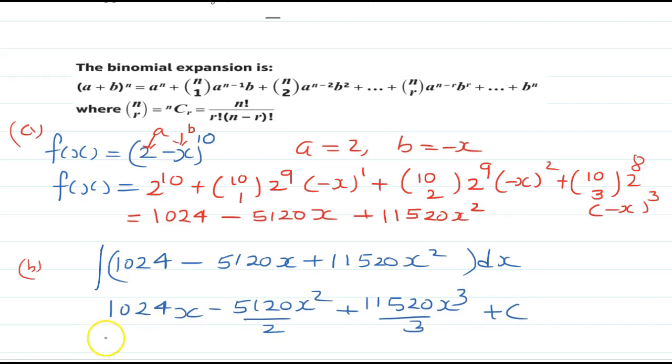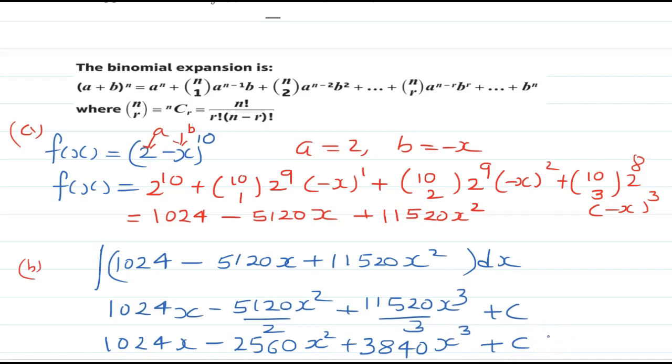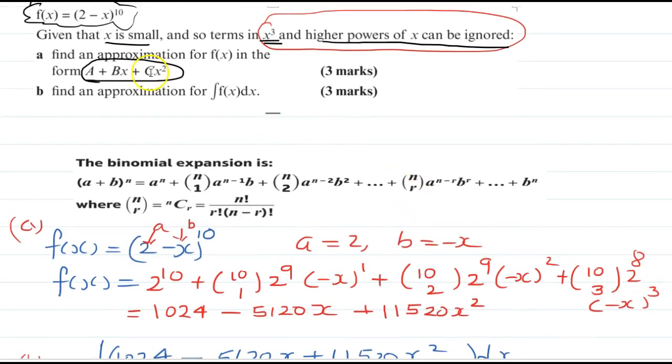So if we solve this further, 1024x, 5120 divided by 2 is 2560x squared, and if you divide 11520 by 3, it will be 3840x cubed, plus c. Yeah, so this is what we got so far, and now our question is saying find an approximation of the integral of f(x).